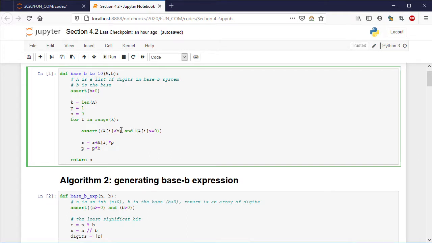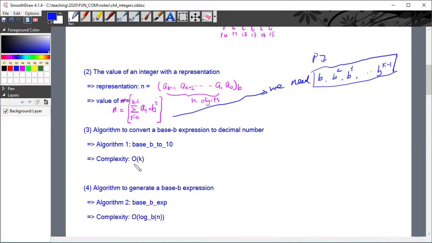algorithm. And you can also quickly identify that in this algorithm, if we skip all these lines about the asserts, and just consider the comparison as the operations, this algorithm actually has complexity big O of k. Right, so that is clearly listed here.